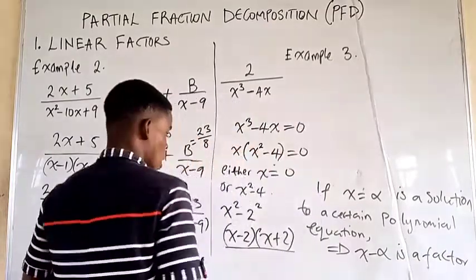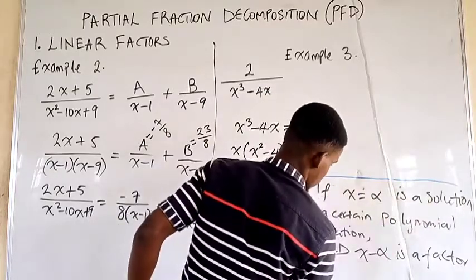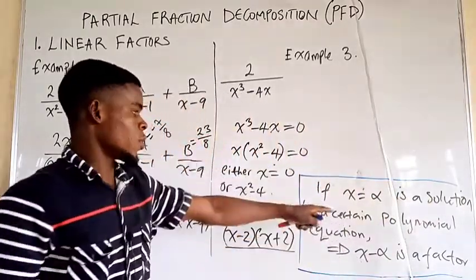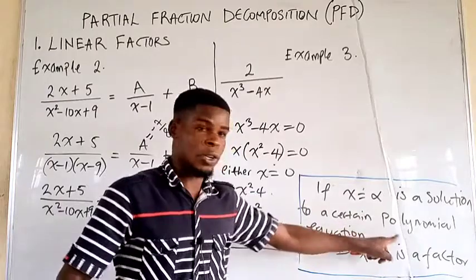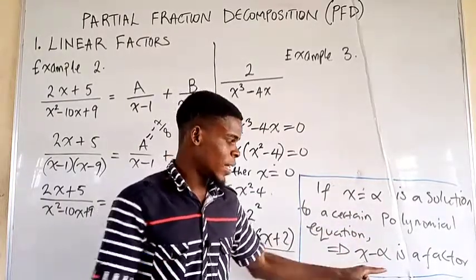I believe you've learned this already when we were dealing with polynomials. So if x equals alpha is a solution to a certain polynomial equation, it means that x minus alpha is a factor.